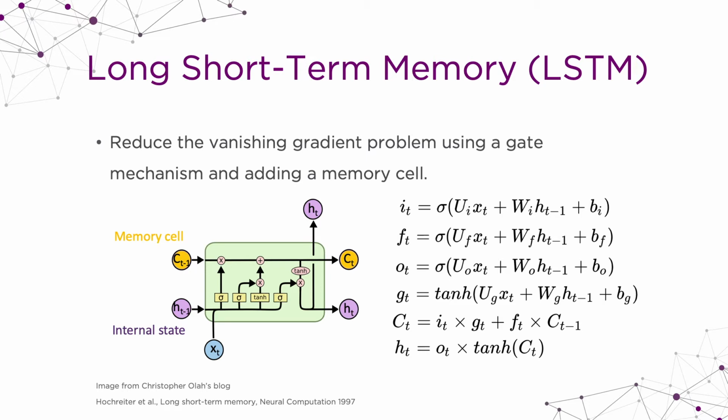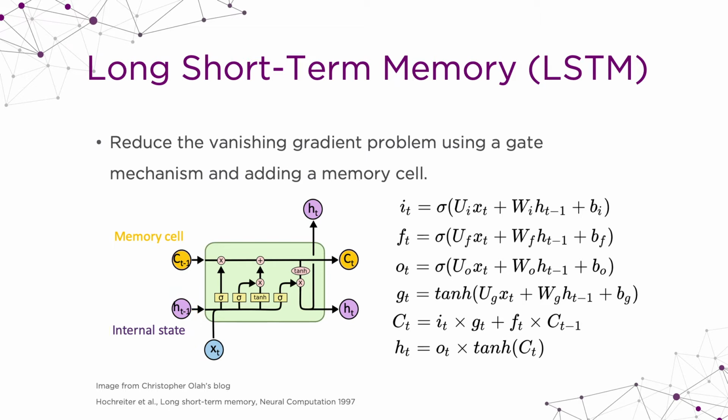For now, let's ignore the equation and mention the two key points of this architecture. First, there is a memory cell. In the previous RNN that you have seen, the tanh one, there was the internal state, which we called H, and which is still here. The internal state allows the information to flow.